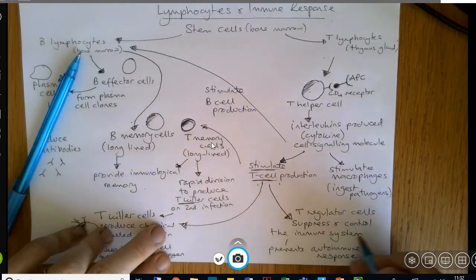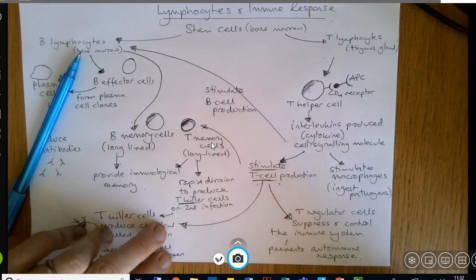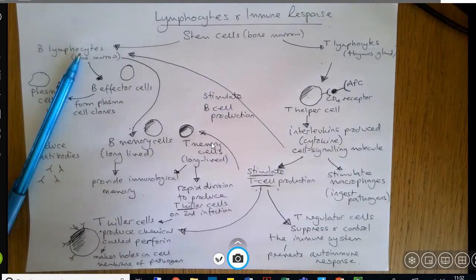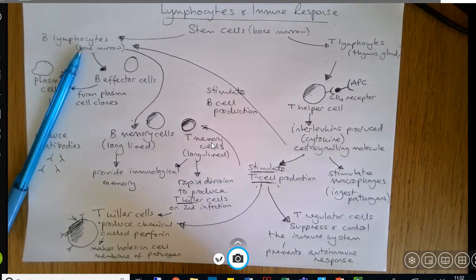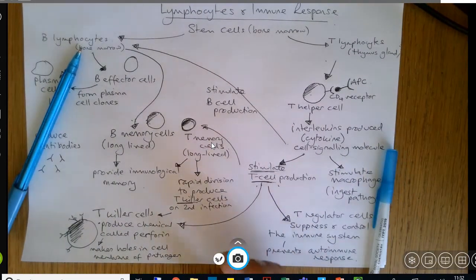So they suppress and control, and once the whole pathogen has been destroyed, they stop the immune response. If you imagine you've recovered from the common cold, one of the ways your body responds to that infection is to present things like fever.